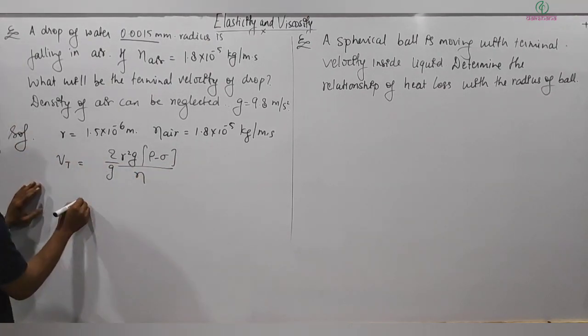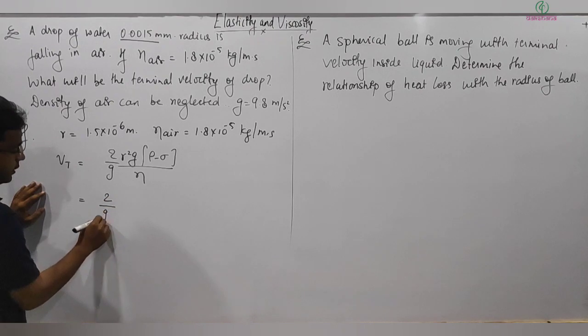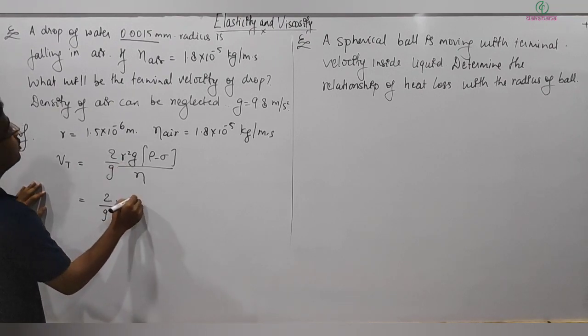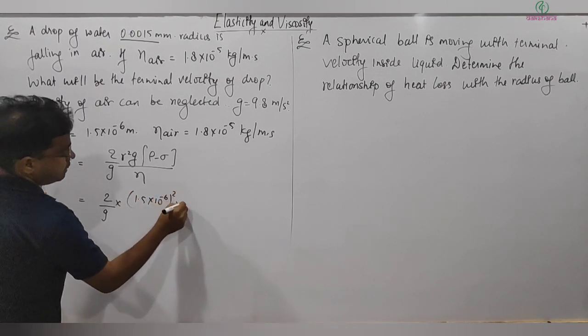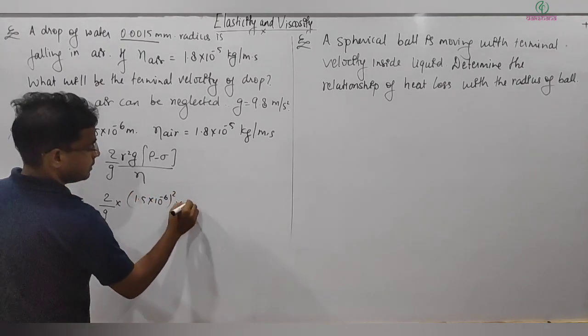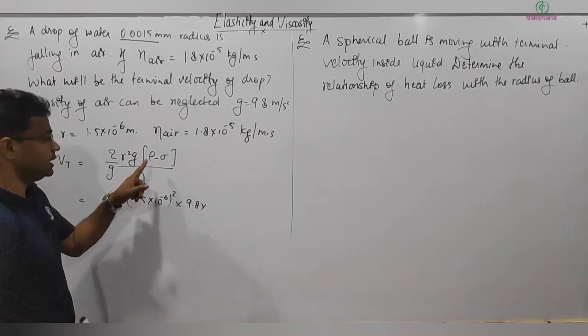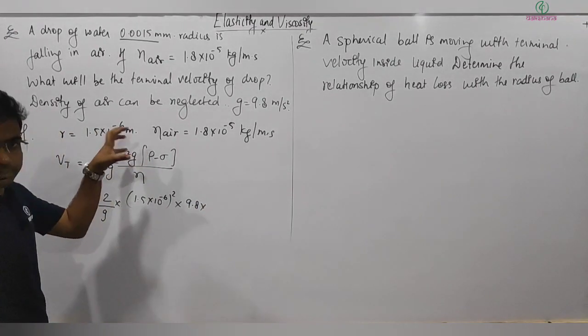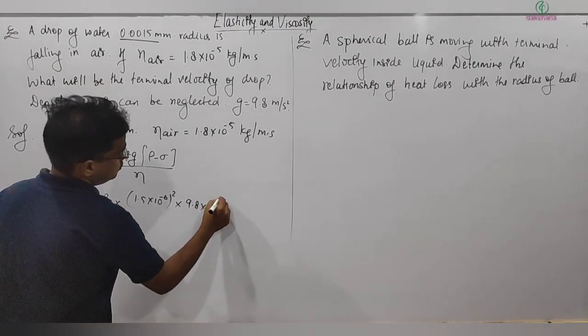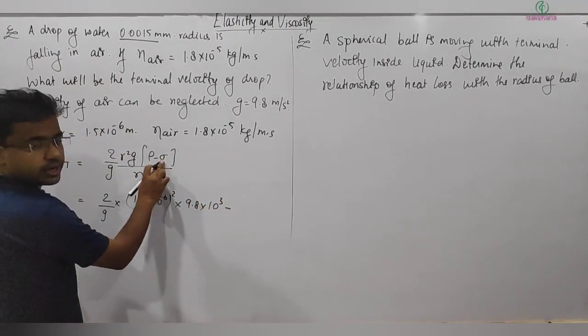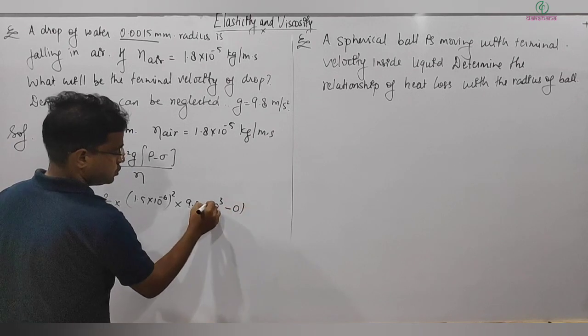Two simple constants. So let's substitute the values: 2 by 9, r is the radius of the drop, that is 1.5 into 10 to the power minus 6 whole square, into g, which is given as 9.8, multiplied by the density of the ball, here the drop, that will be the density of water, 10 to the power 3, minus the density of air medium, which is neglected.